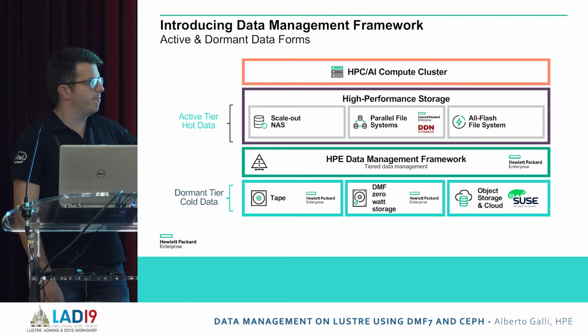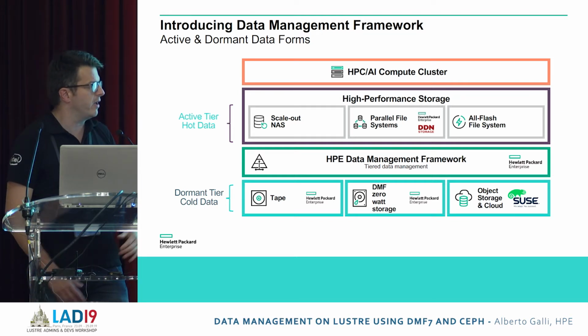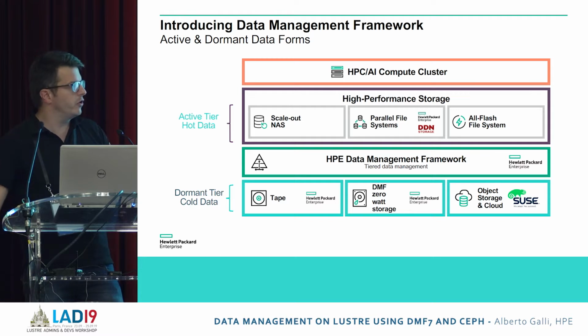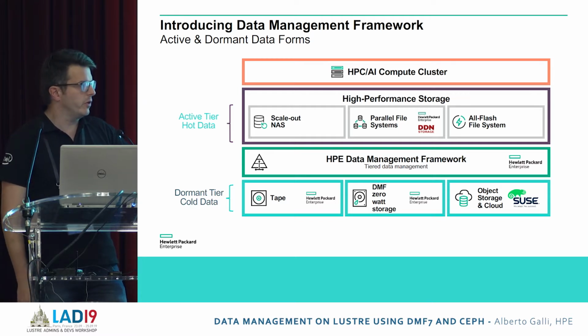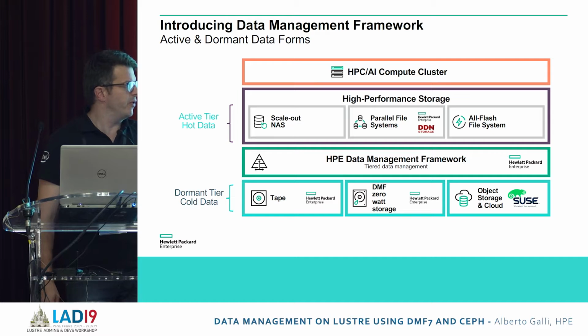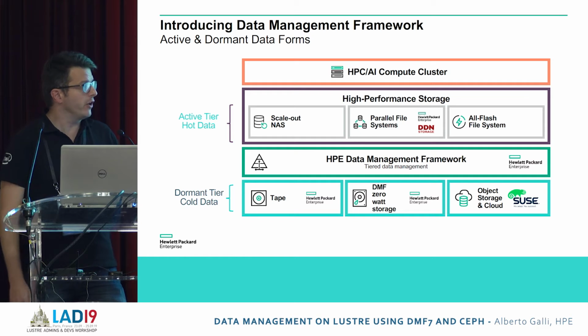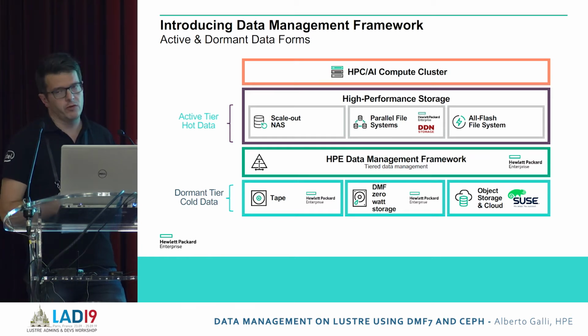And then we have a lot of backends, as many as we can, to store the data in the long term. It could be tapes, it could be zero-watt storage. I won't talk about this one. I won't talk about tapes either, that's old technology anyway. Or object store. The good thing about object store is that this is a new way to store data.